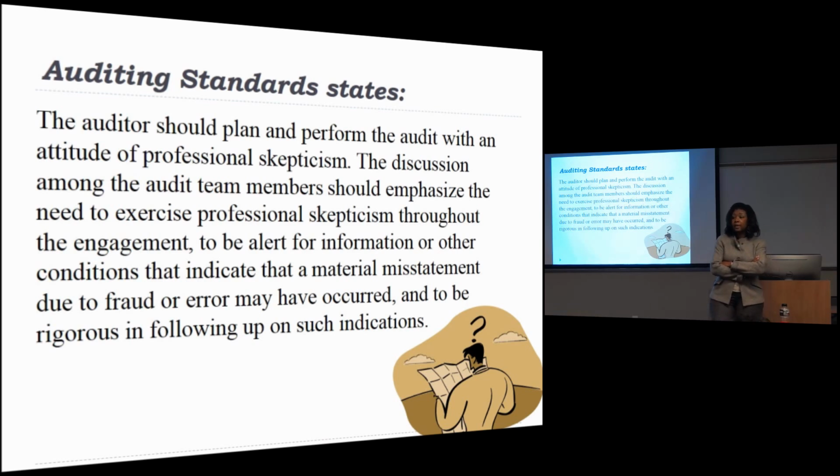The point is that it's difficult, and so you tend to use proxies. When the PCAOB audits the auditors and looks at the auditors' work papers and the conclusions they reach, they will be looking at different factors that might suggest to the PCAOB investigators that the auditors weren't skeptical.